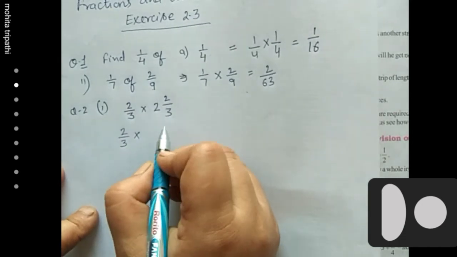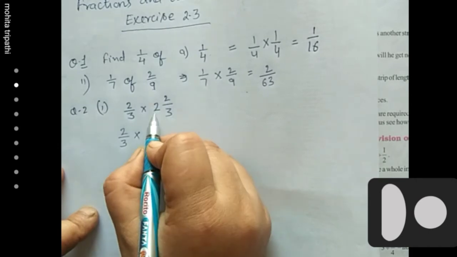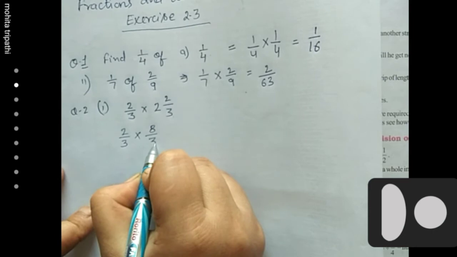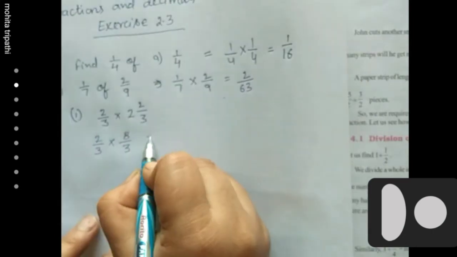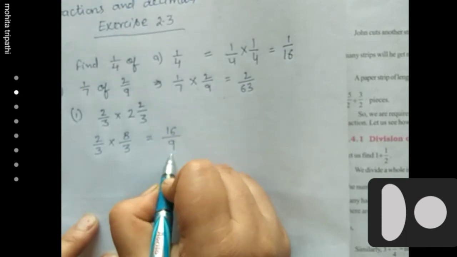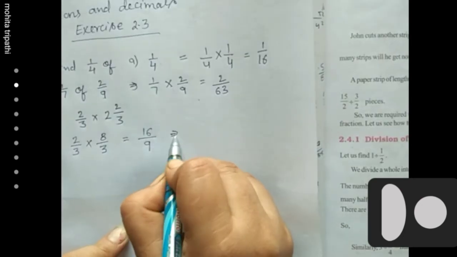How are we converting it? 3 2s are 6, 7 and 8, so 8 upon 3. So 8 2s are 16 and 3 3s are 9. Now check if you can reduce it to the lowest form.